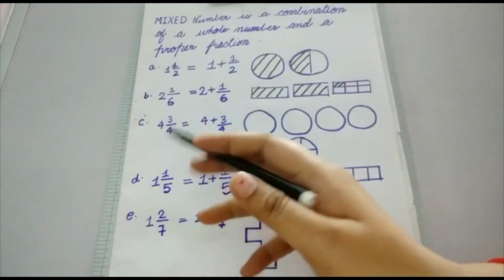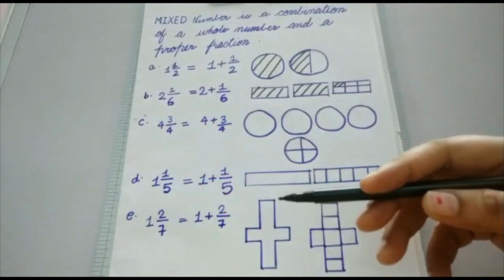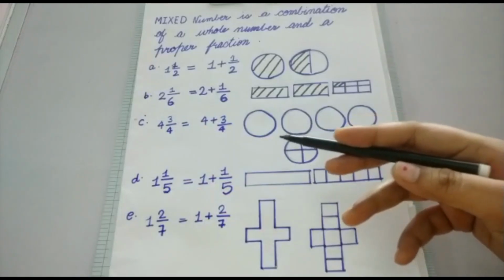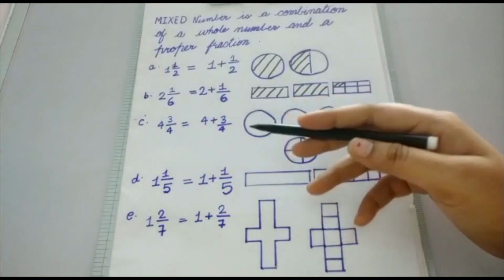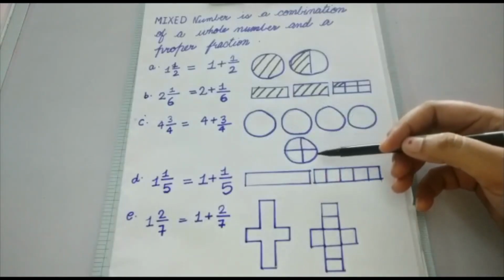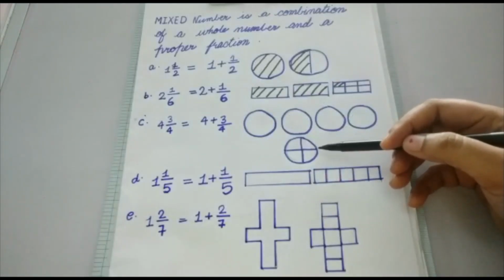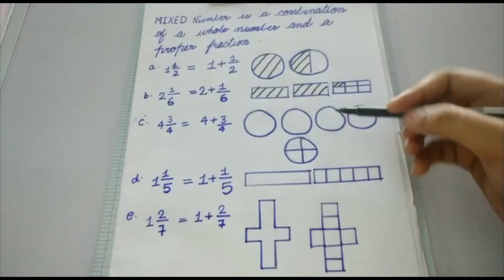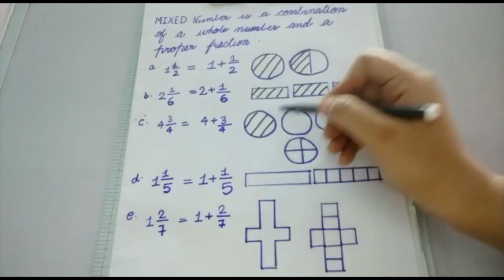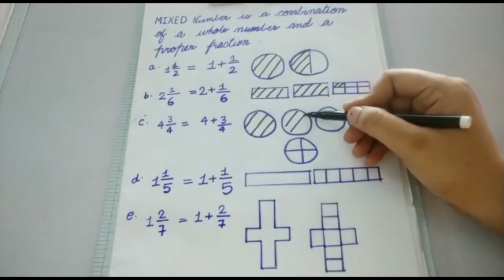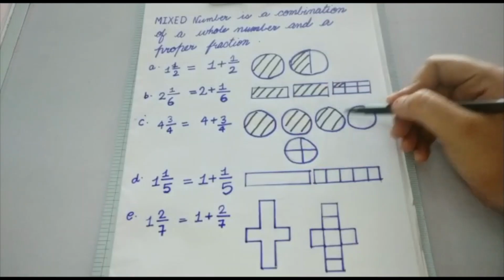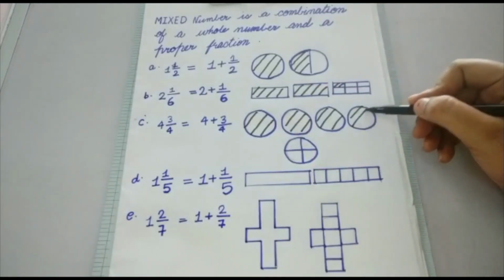Coming to example C. It is 4 and 3/4. That is 4 plus 3 by 4. So we have 5 similar circles representing similar kind of objects. So we have 4 similar objects. So we need to shade 4 circles, 1, 2, 3 and 4, because we have 4 as a whole number.